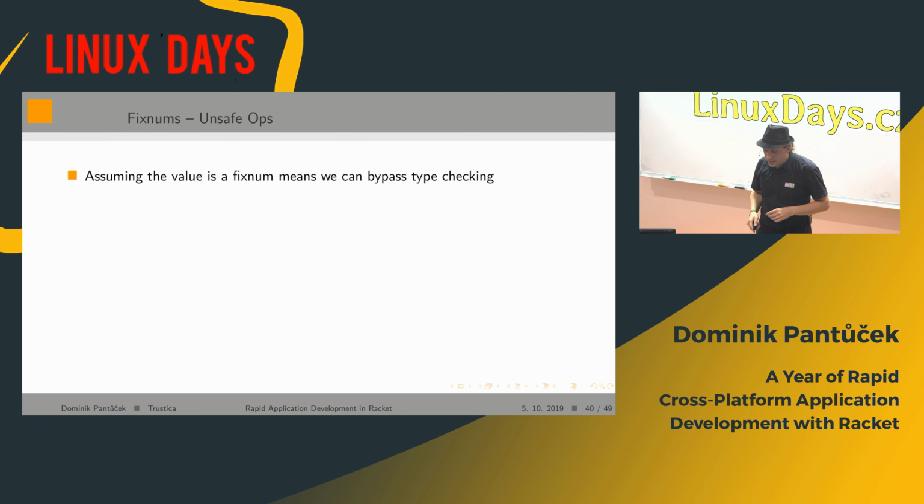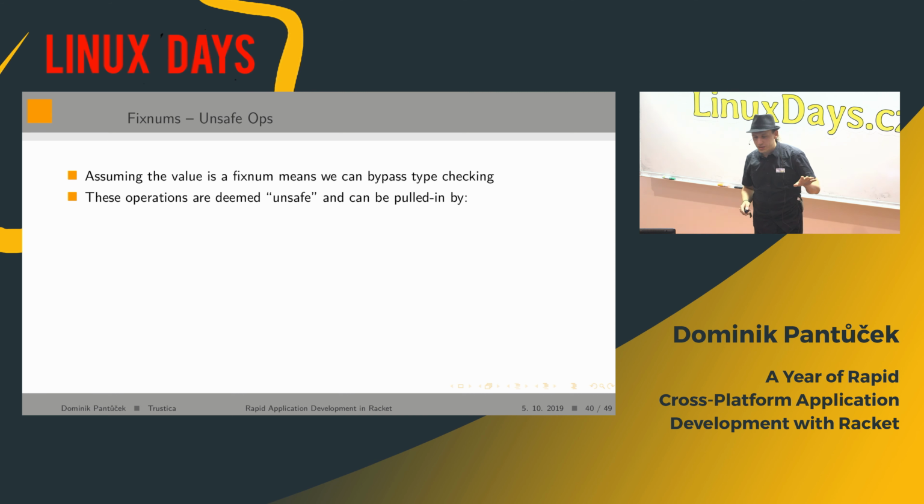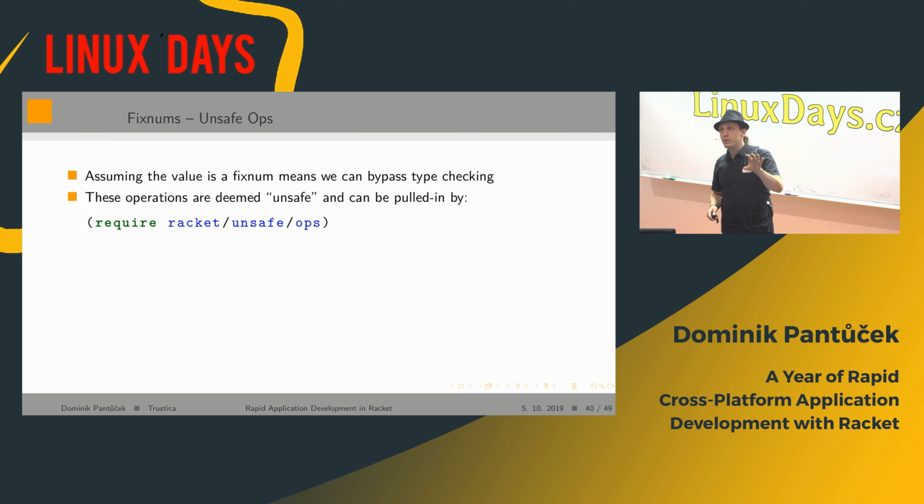So what I did, I implemented a simple merge sort and used another cool thing. I used another unsafe operation. You can even say, this value is a Fixnum. Don't talk about it. Don't ask. Just do your job. Of course, if you provided a string or an object, it will give you wrong results.